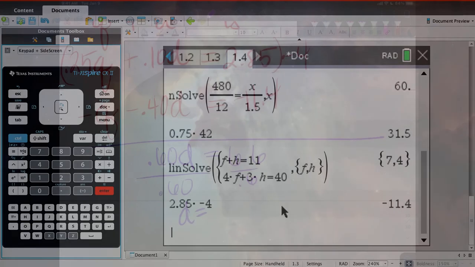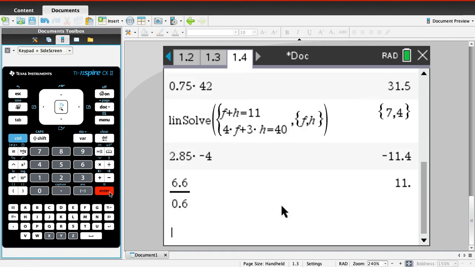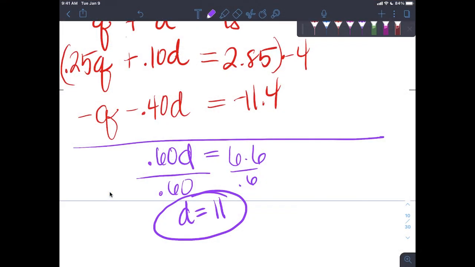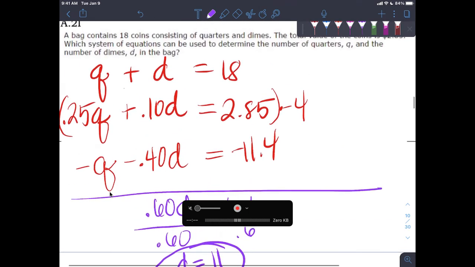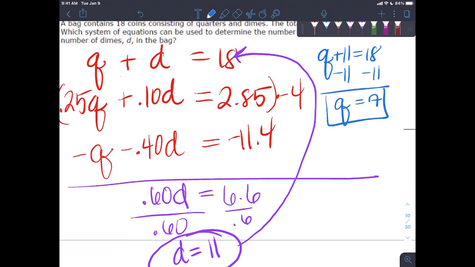And I end up with a value of, let's go ahead and type it in, 11 for dimes. So now if I take my 11 and I plug it back in up here, I'll end up with q plus 11 equals 18. Let's move that 11 over. q equals 7. So I should have 7 quarters, 11 dimes.